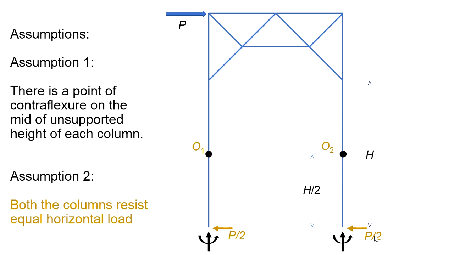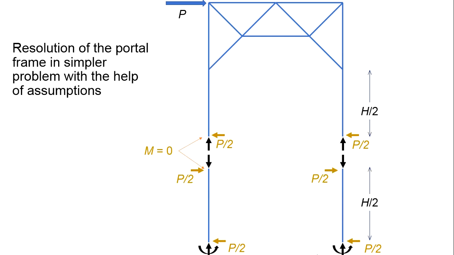Now these two assumptions make this analysis pretty easy. So now we are resolving the portal frame into a simpler problem with the help of the earlier mentioned assumptions. This is a case where we can break it at points O1 and O2, the two points of contraflexure.